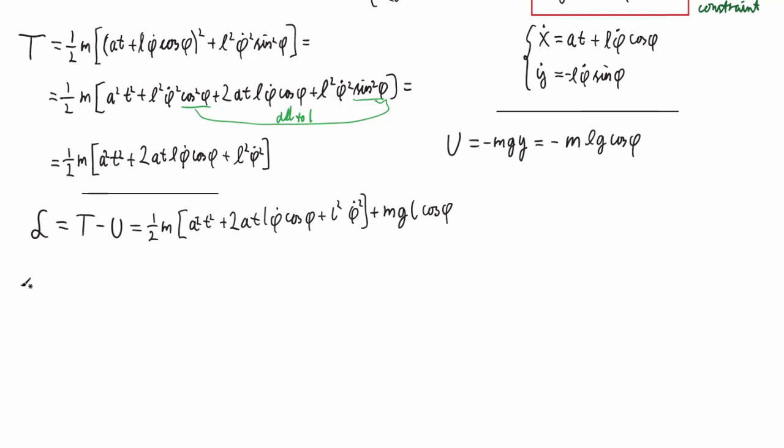So let's then calculate the generalized force, because we only have one variable left, that's phi, so this will only be one of those. And remember, now we take the derivative with respect to phi. We don't have to care about phi dot, it's a constant as far as this derivative is concerned.